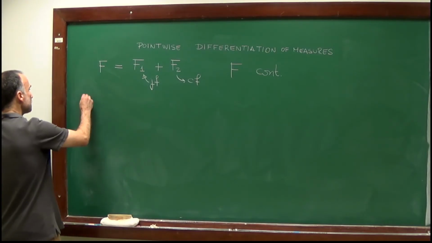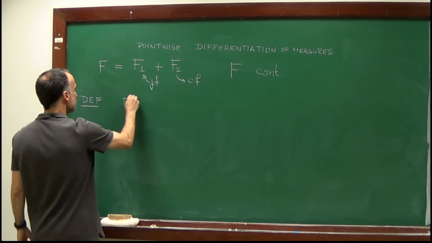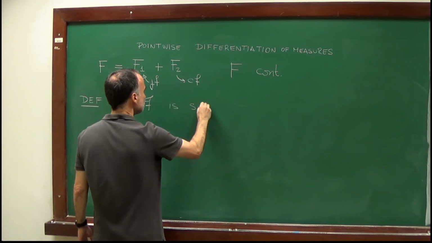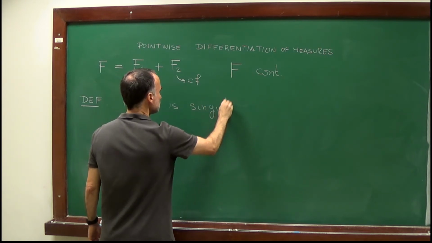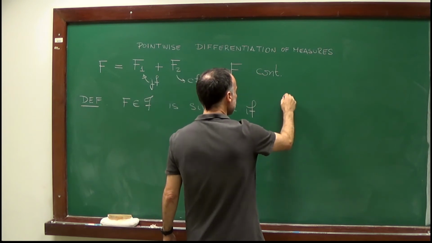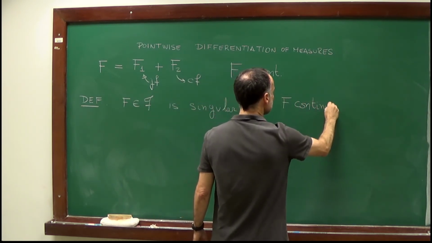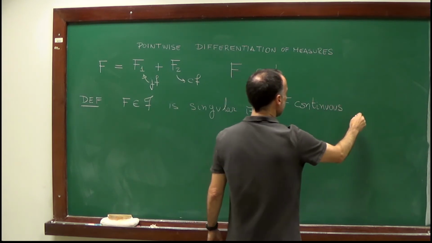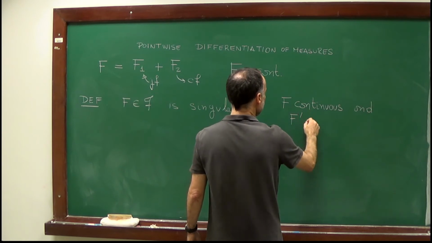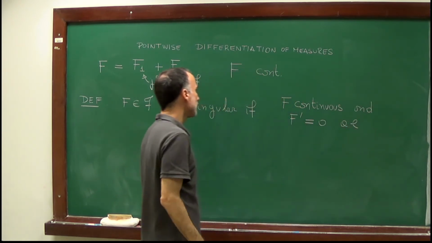So let me recall the definition of a singular function. F in F is singular if f is continuous and f prime is equal to 0 almost everywhere. Okay.